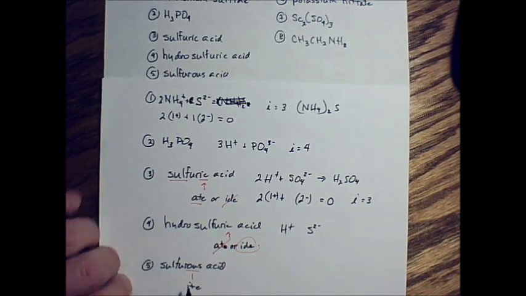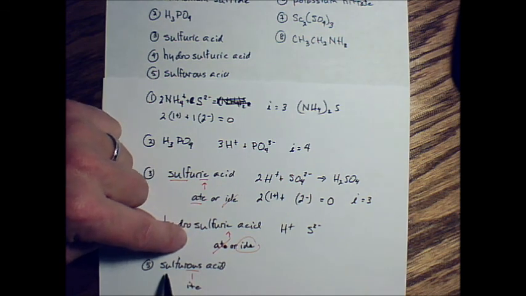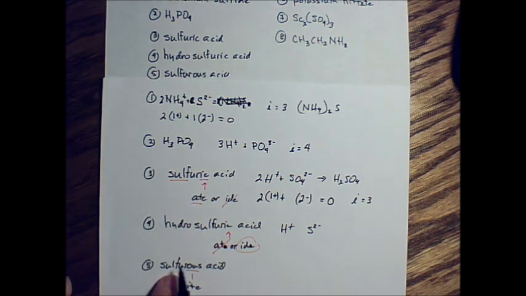So to find out what polyatomic ion this goes with, you look up on your common ions list, find an ion that starts with SULF and ends with ITE. Sulfite.